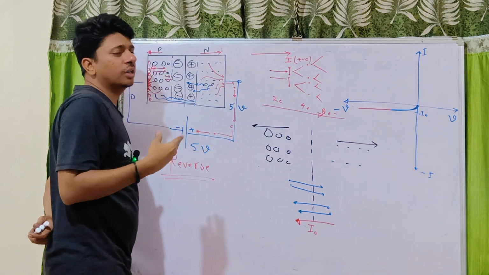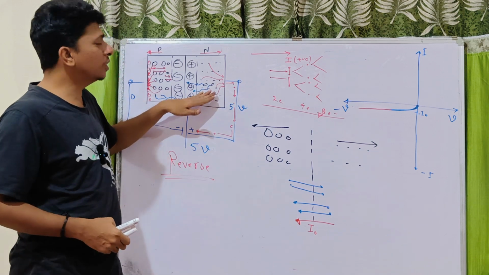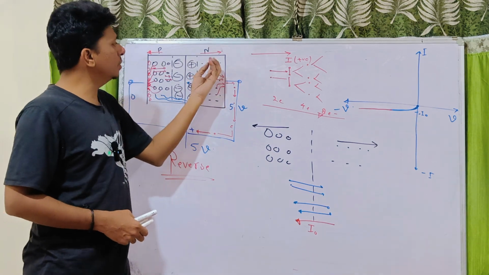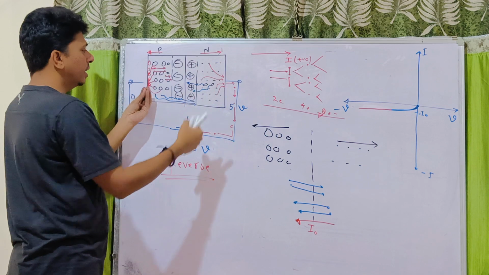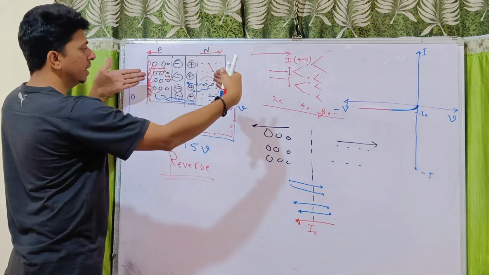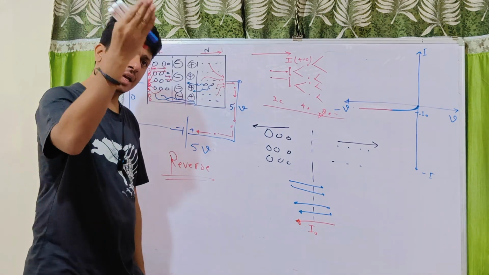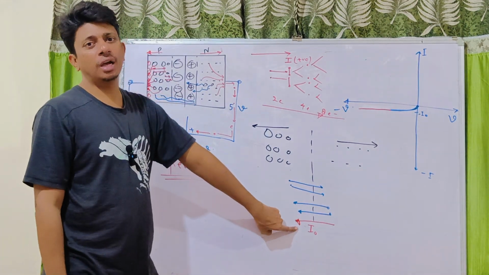The electron concentration will go on increasing, and also because of the movement, some of the covalent bonds break again, so the hole concentration is also increasing. They cross the junction, and because of this, the current will again increase, but in the same direction as I naught.